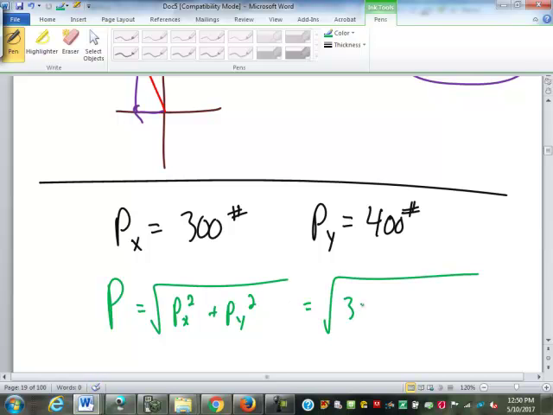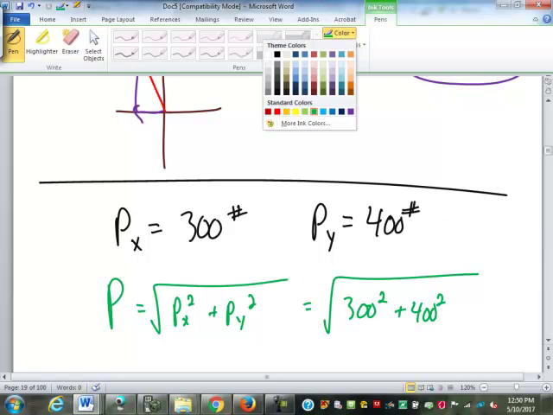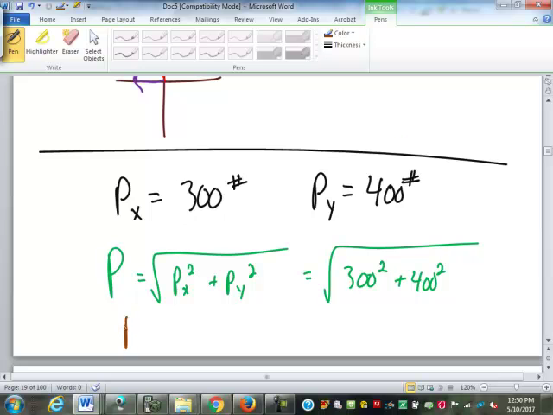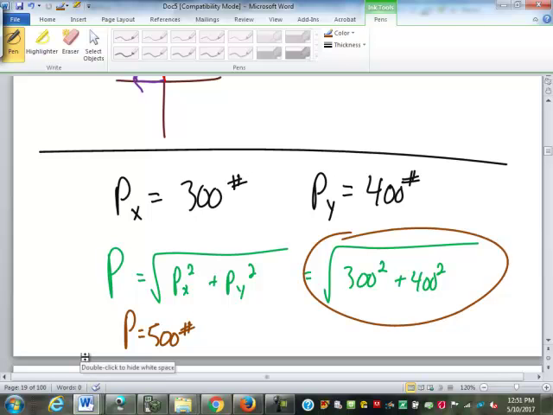So that'd be the square root of 300 squared plus 400 squared, which gives us 500 pounds. I'll let you guys punch that in the calculator to confirm that that's 500 if you'd like.